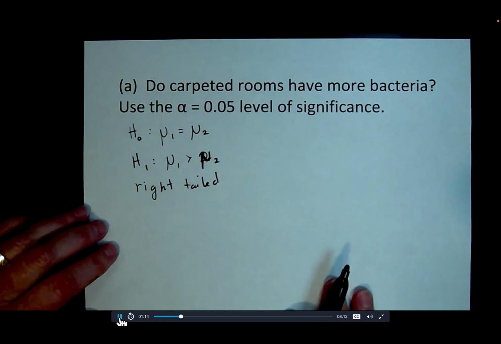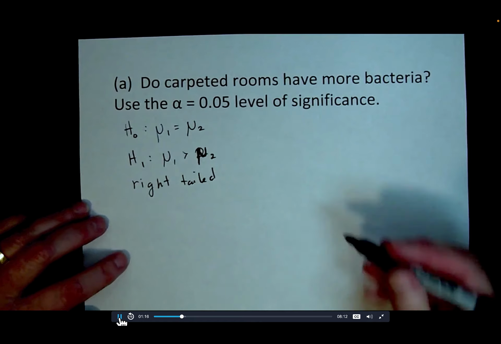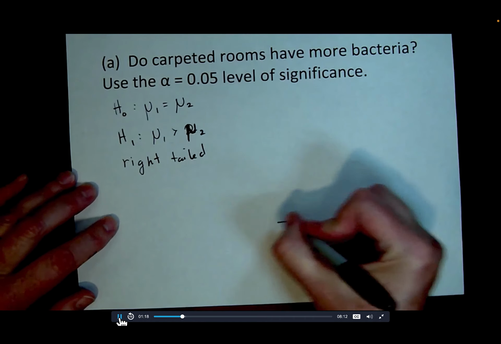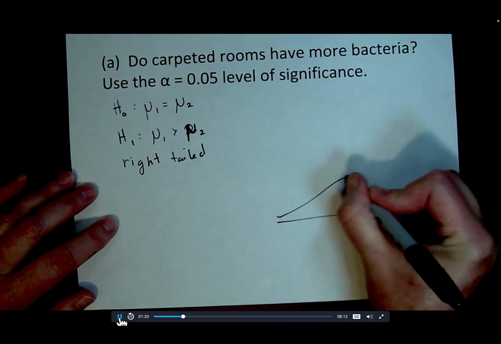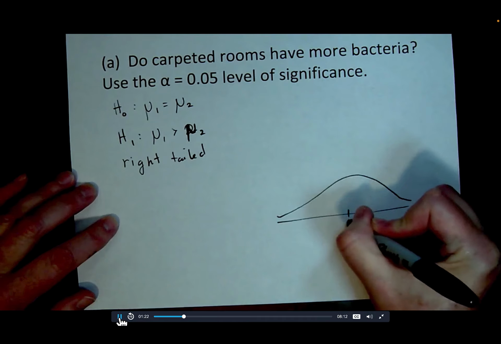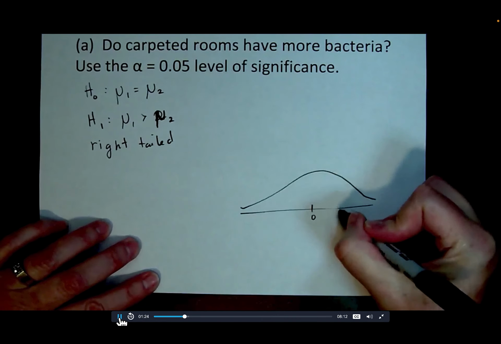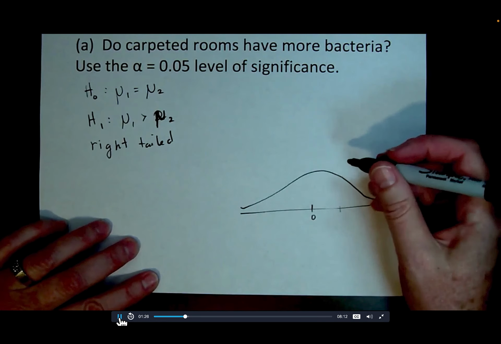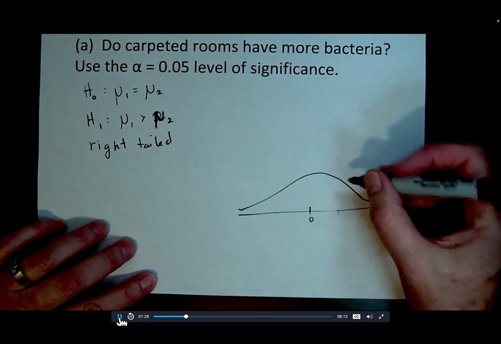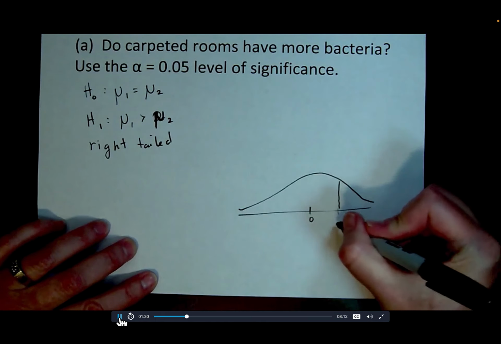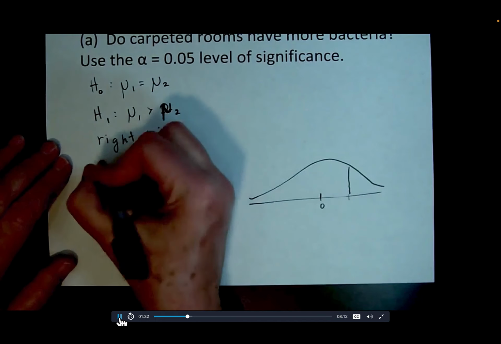So when I look at my t-distribution, I'm going to be looking for area in the right tail. But I need my test statistic. So let's get that.